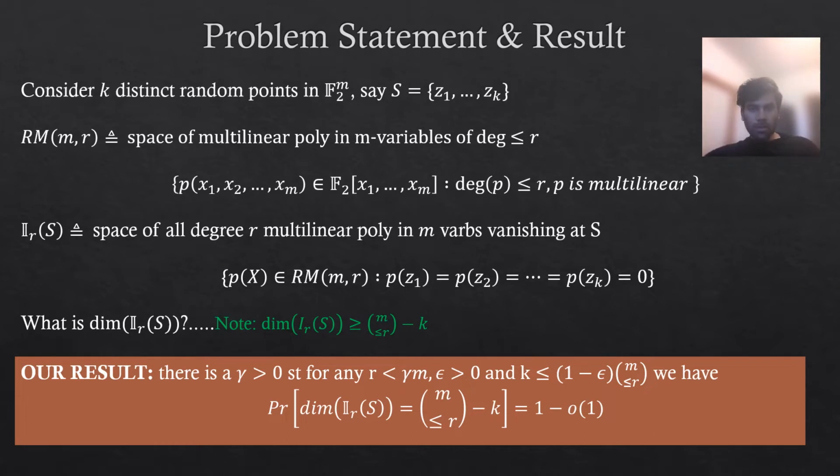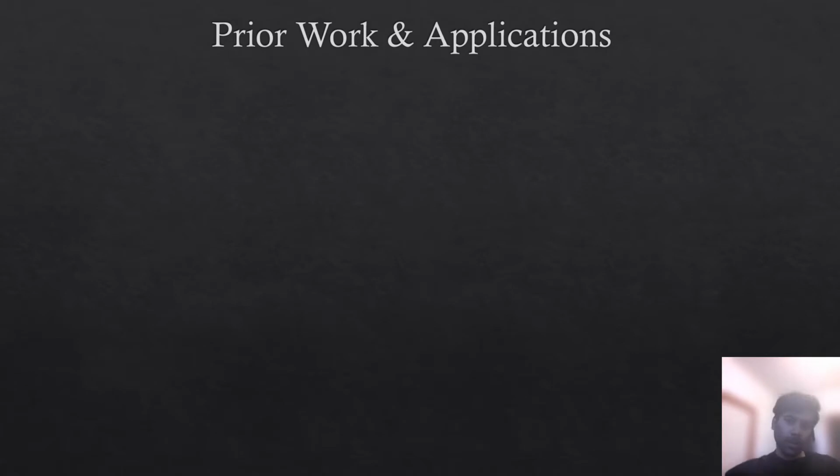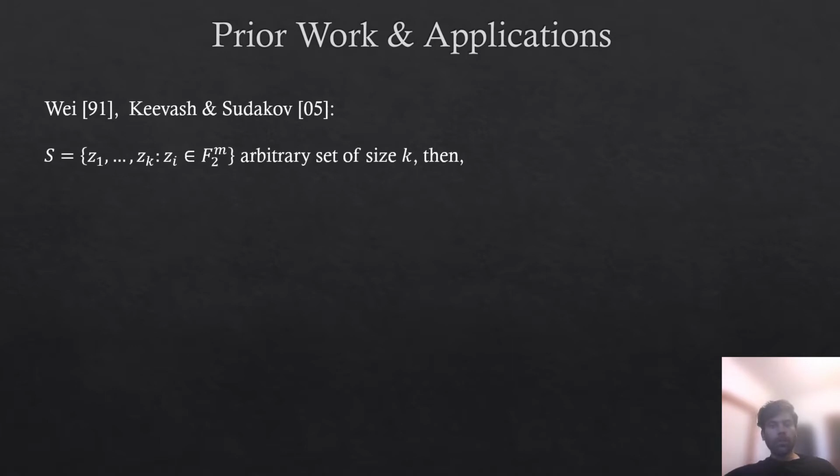So now let's move on to applications. Wei, Kivash and Sudakov did show something in case S was an arbitrary set of size K. So not a random set, but an arbitrary set, so kind of an adversarial choice here.